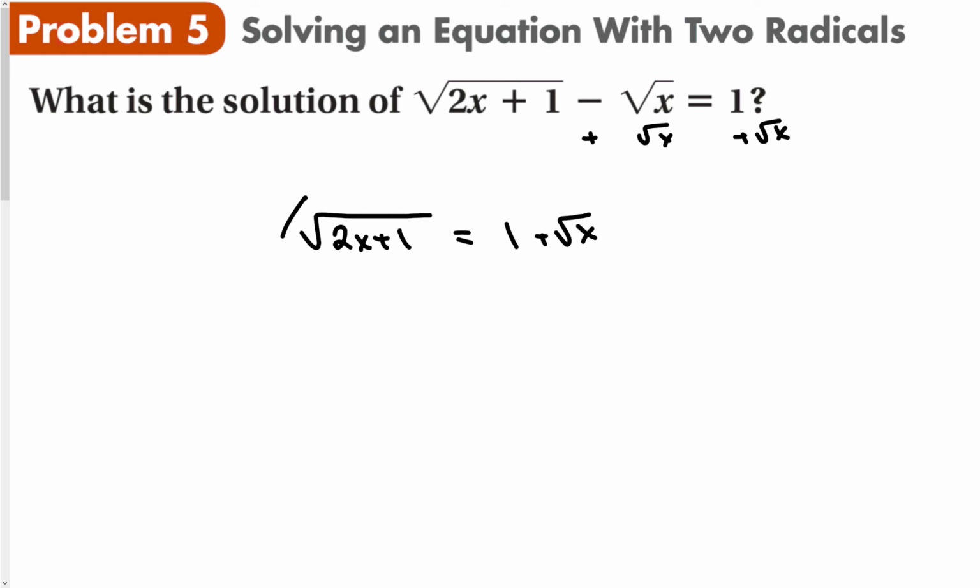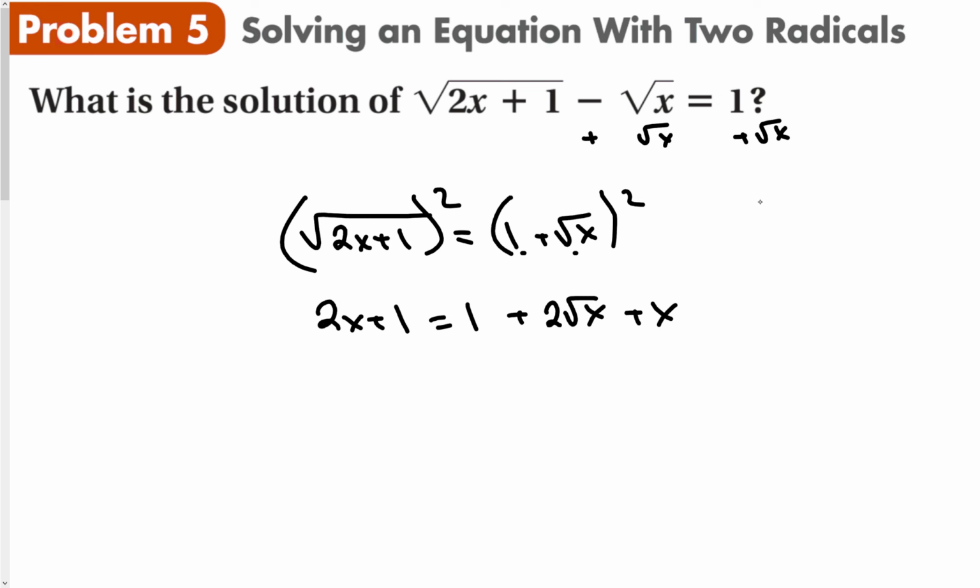Now I square it. That is one term. Everything is underneath the radical. The radical just goes away. This is not one term. It is a binomial expression. Don't forget you have to FOIL this and get a middle term.